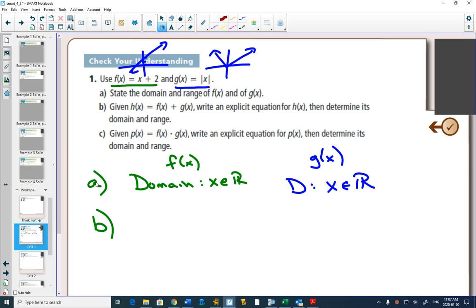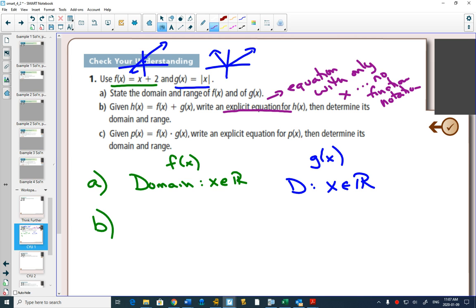Given h of x is f of x plus g of x, good, they gave us a nice notation. Here is our first important definition. Write an explicit equation. This is an equation with only x on the right-hand side, no function notation.